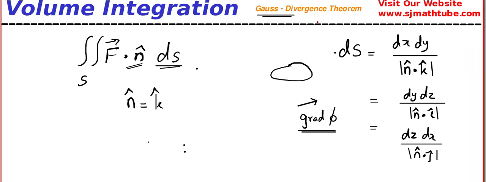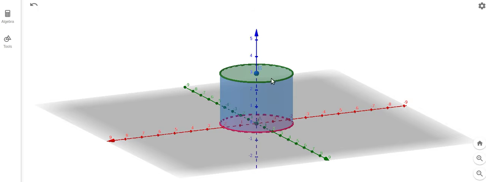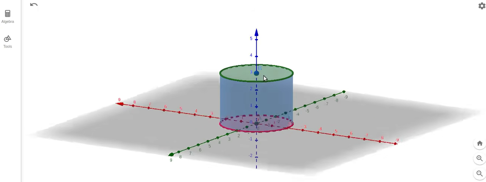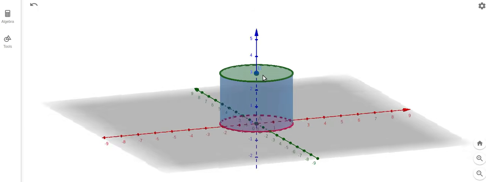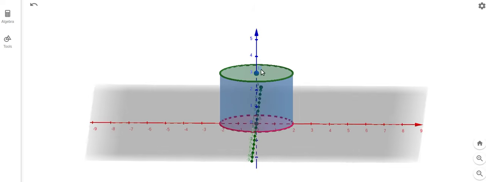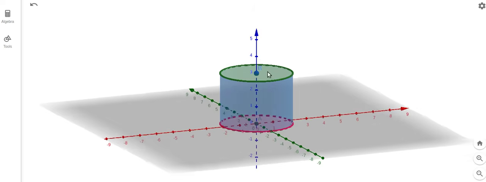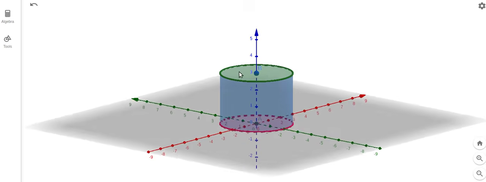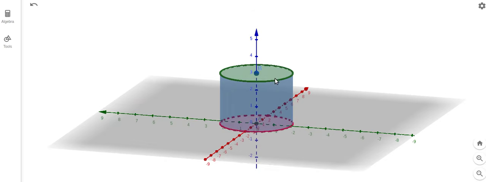And for the green part, you know one more thing. You note that the value of z is equal to 3. Think about it. It's a plane surface, right? In the green region, there is no change in height. It is not wobbly or anything. It doesn't go up and down or anything.